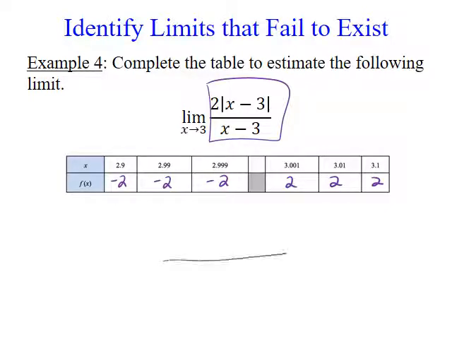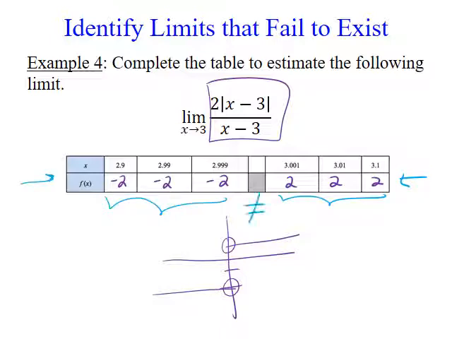This is the situation where you have some values from the left and values from the right. So this is not the graph of this, but this is what the example looked like when I was showing you. So the intended height from the right is 2. The intended height from the left is -2. Since these are unequal, this limit does not exist.